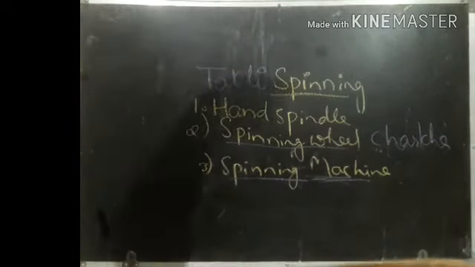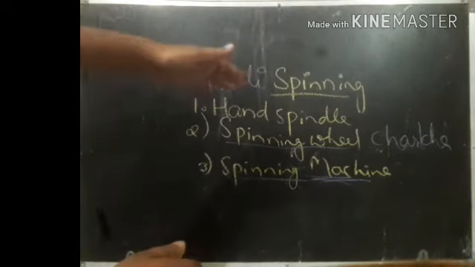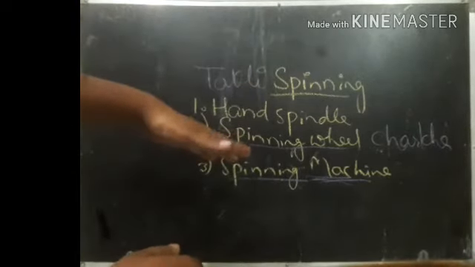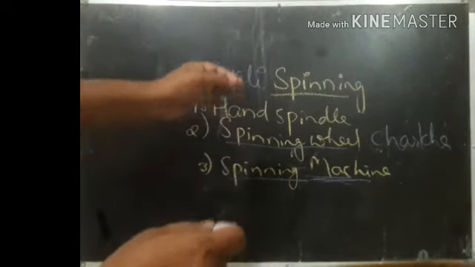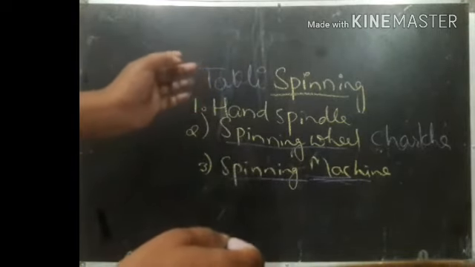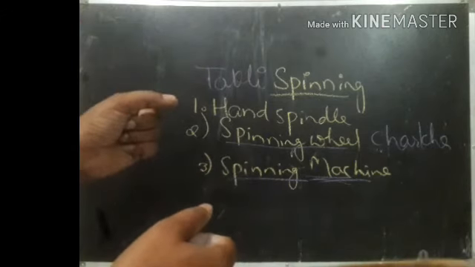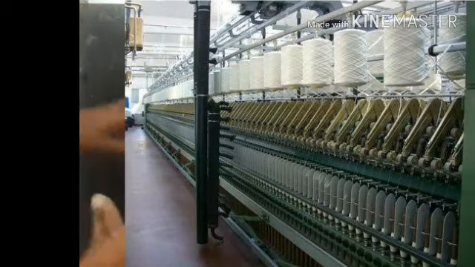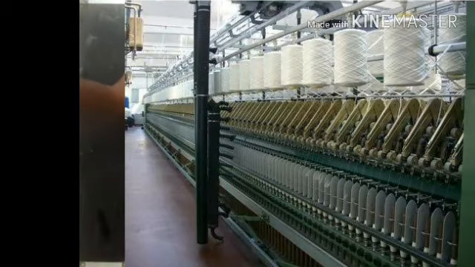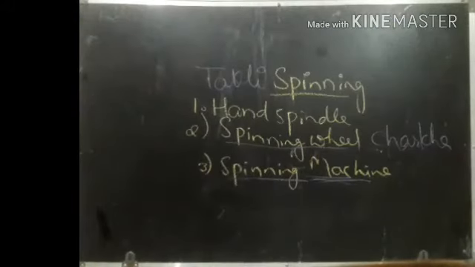Whatever it may be, either hand spindle, spinning wheel, or spinning machine, whatever method you follow, finally you are going to get a yarn. Now by using this yarn we can prepare cloth, fabric. This is the second step. What is the second step? Making yarn from fiber.